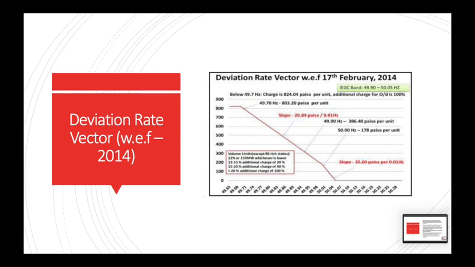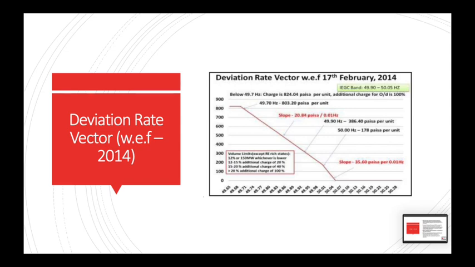At that particular moment, if my unit is running at 480 megawatt and the schedule is also 480 megawatt, then there is neither a deviation nor a penalty. Now, if the schedule is 480 megawatt, but I am running my unit at 500 megawatt, for the 20 megawatt I am actually generating, for the fuel I am spending, I would not be given any incentive because the DSM rate is 0.